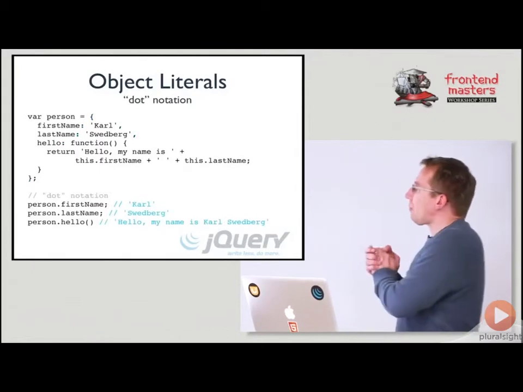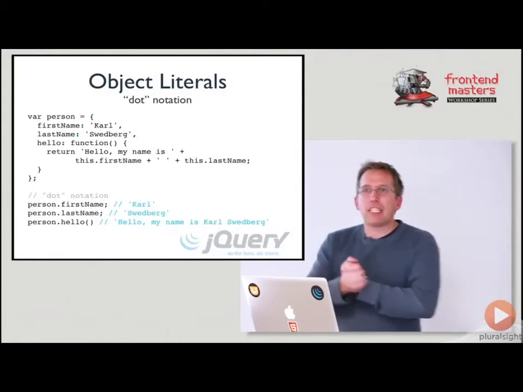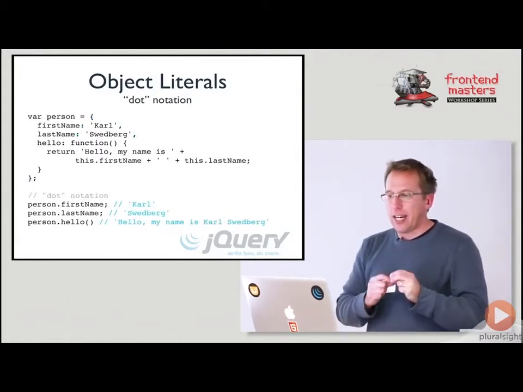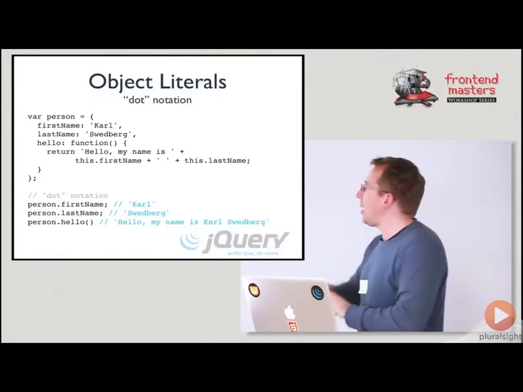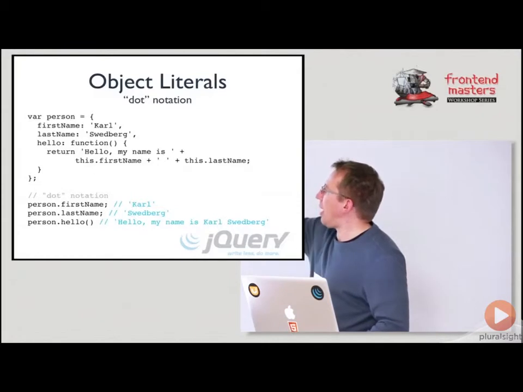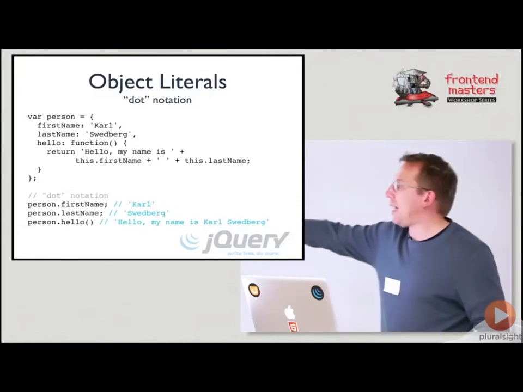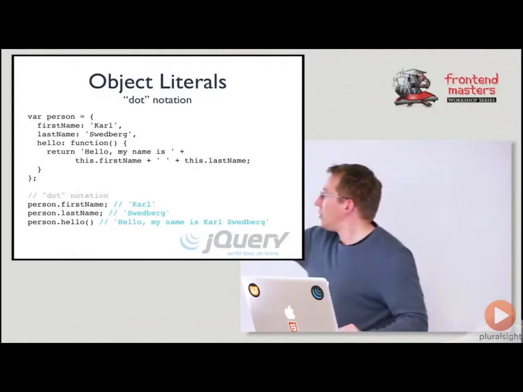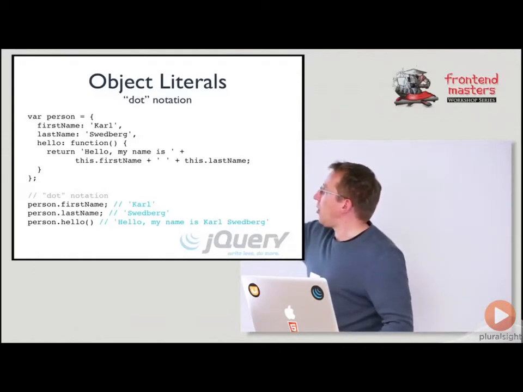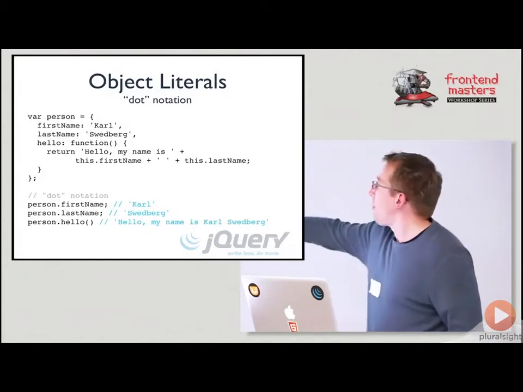To access properties of an object, you can use dot notation, or you can use array notation. Dot notation: person.firstname is Carl, person.lastname, and so on. You just put a dot there. person.hello will return, hello, my name is Carl Swedberg. So it's kind of cool.